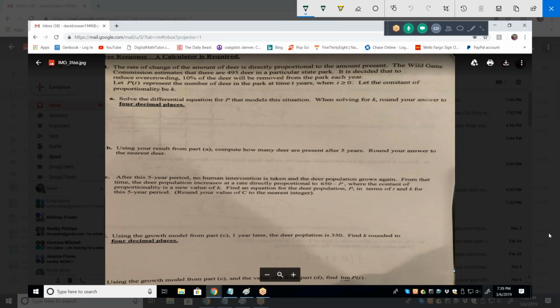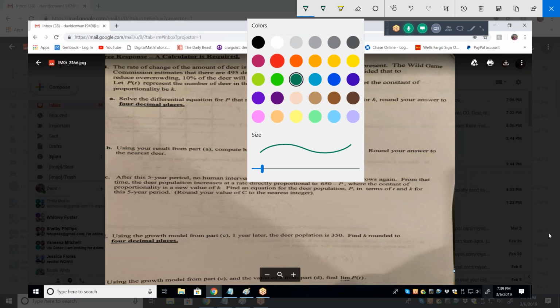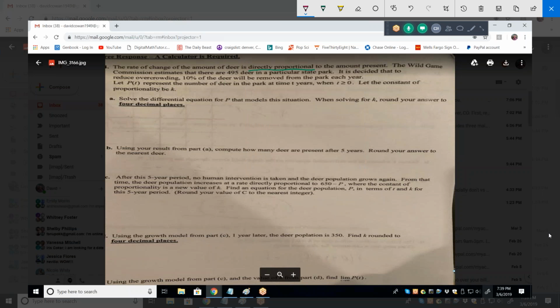Whenever you see this statement, that the rate of change in the amount of deer is directly proportional to the amount present, that applies to so many things in life.